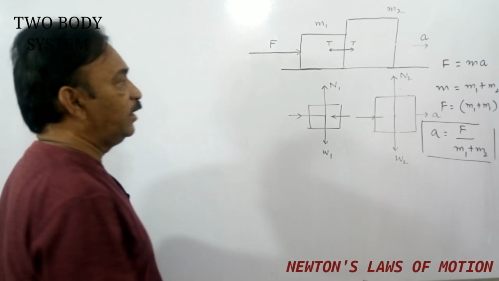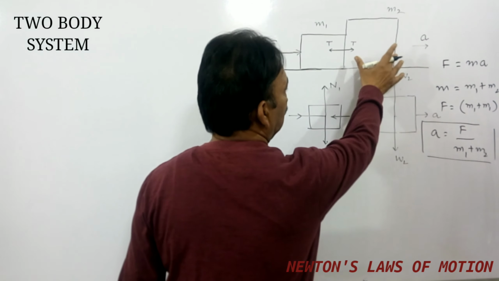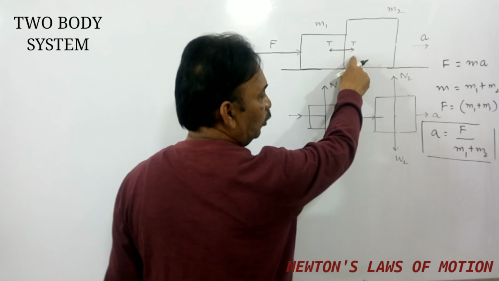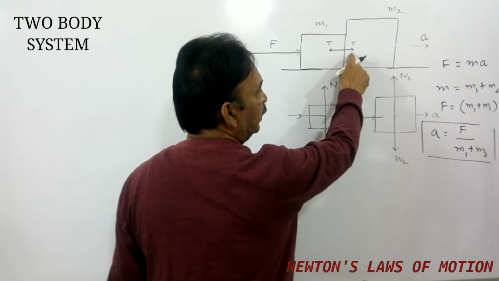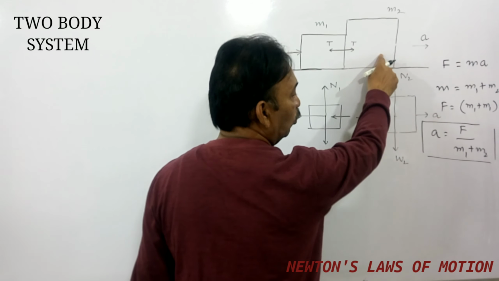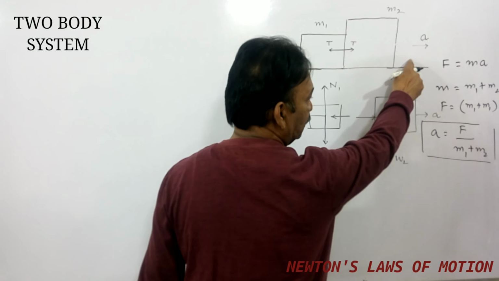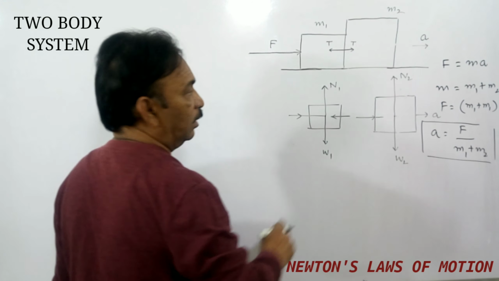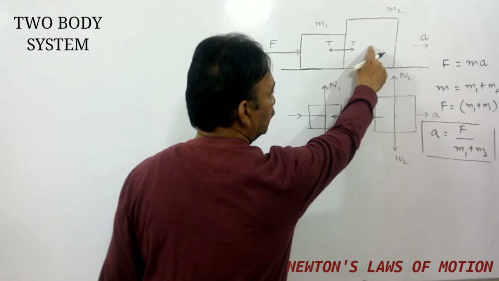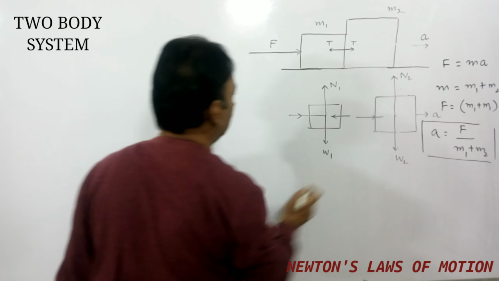Then we have to find the contact force. See, this body m2 is moving under the effect of this contact force T. This contact force T is making the body move, which means it is providing the acceleration. Then this force must be equal to the product of this mass multiplied with the acceleration.